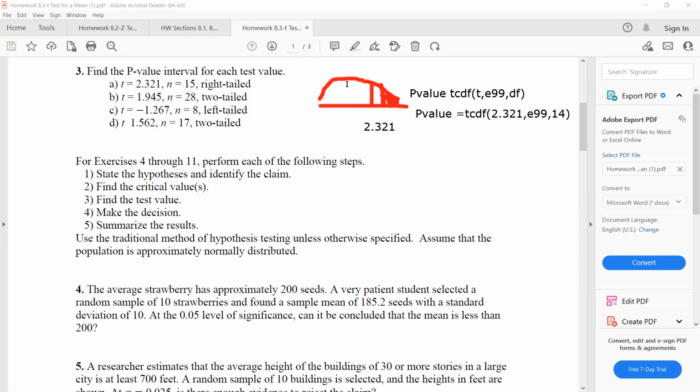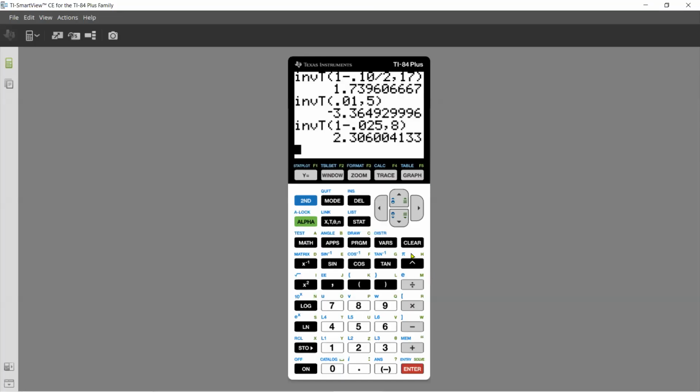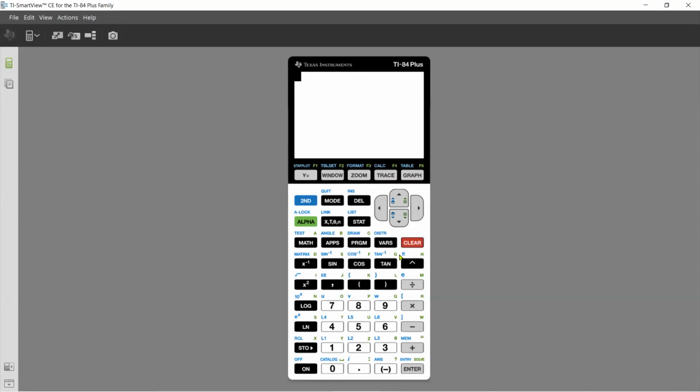So this is going to be, let's go to the calculator. We're going to have the following. Second distribution, look for TCDF, which is number 6 on my window here. Number 6, make sure you get the CDF version. Okay. Your lower is going to be 2.321.